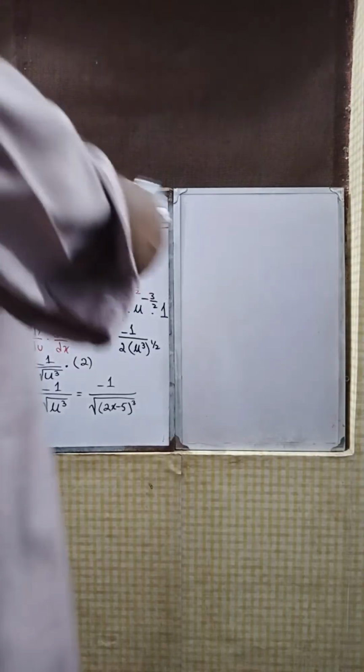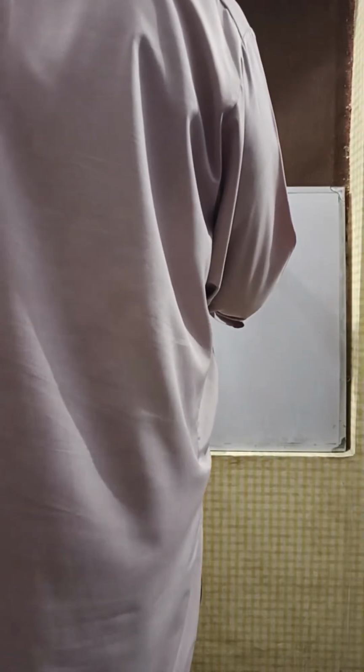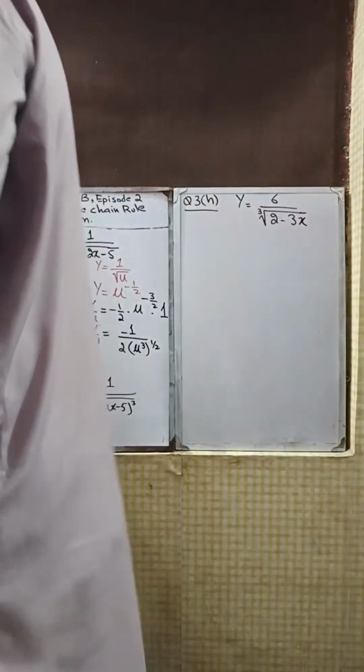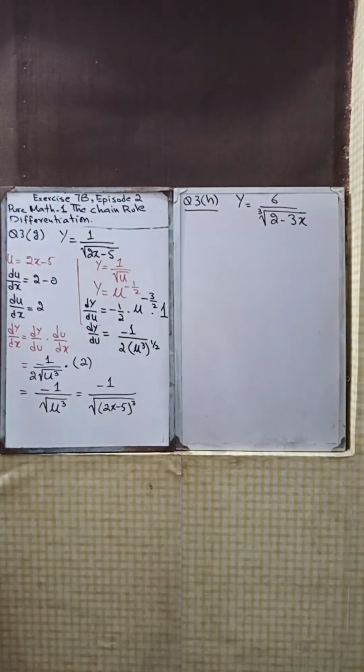It says y is equal to 6 divided by the cube root of 2 minus 3x. So you can look at the question, this is question number 3, H part.